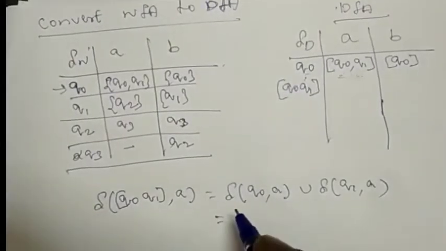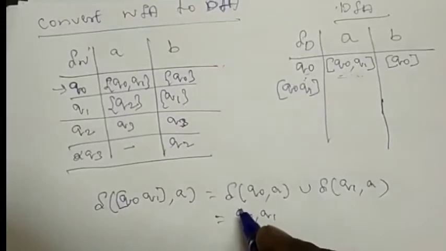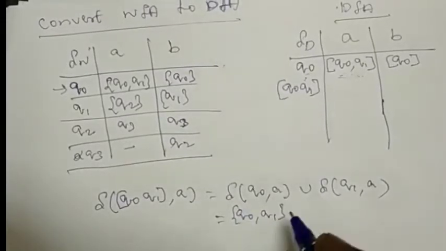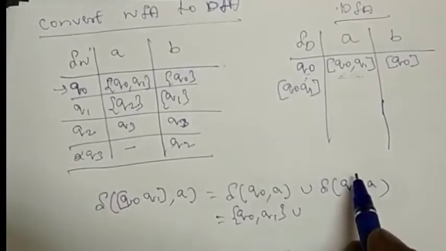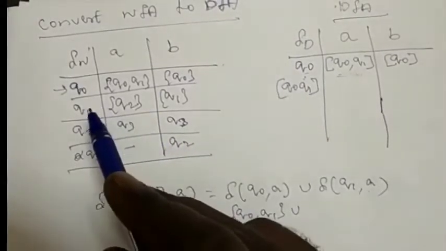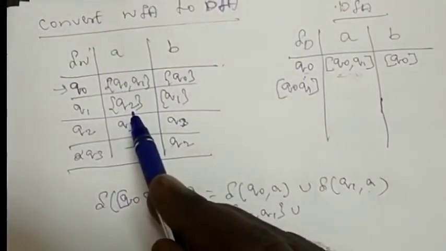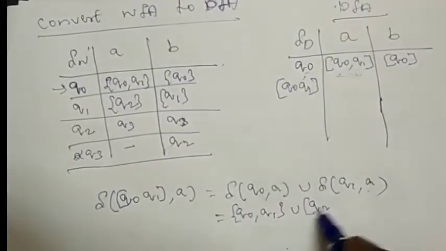So I have Q0 comma Q1, union. When I apply A to Q1, per the NFA table, it goes to the state Q2.